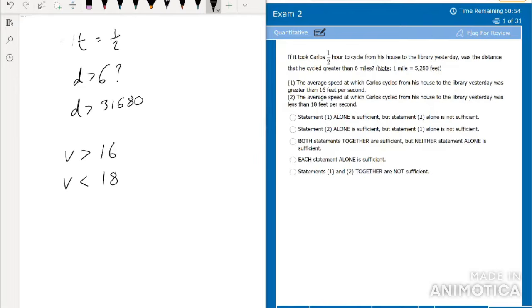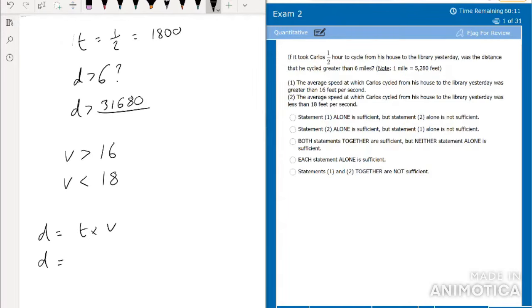18. Okay, so we want to know what the distance is. So distance is equal to t times v. So 6 times half, and half an hour in seconds is 1800. So 1800 times, wow, this is quite nasty mental maths for the first question. 1800 times 16, well, 2000 times 16 would be 32,000. So that's less than 32,000, so certainly less than this.